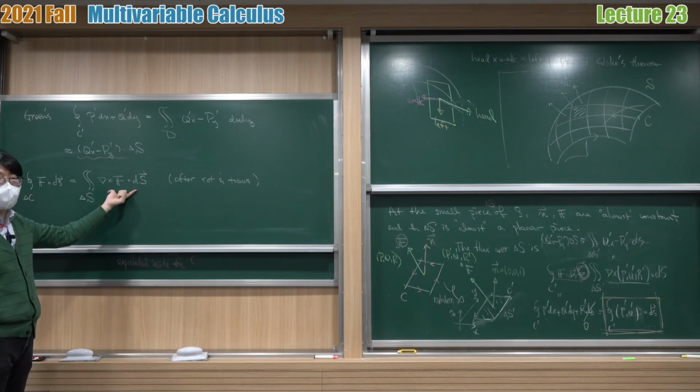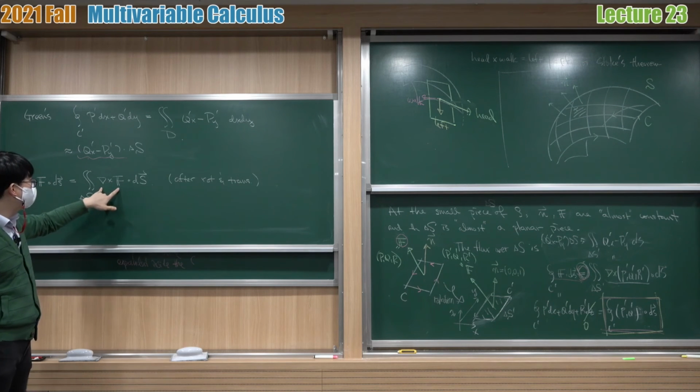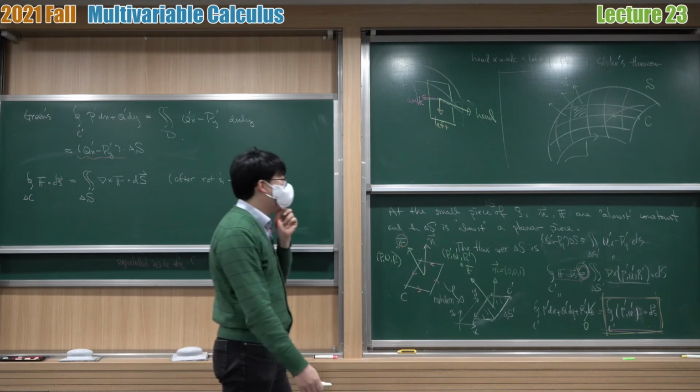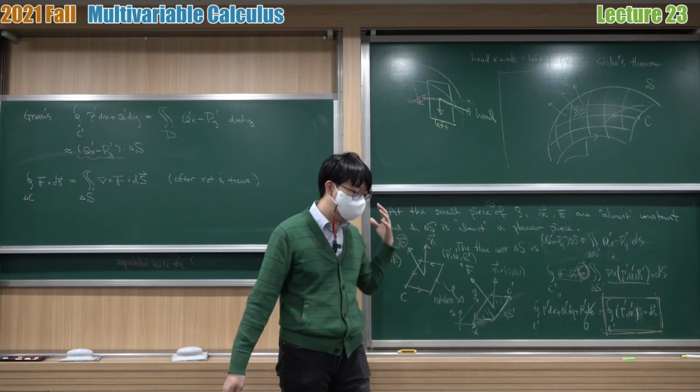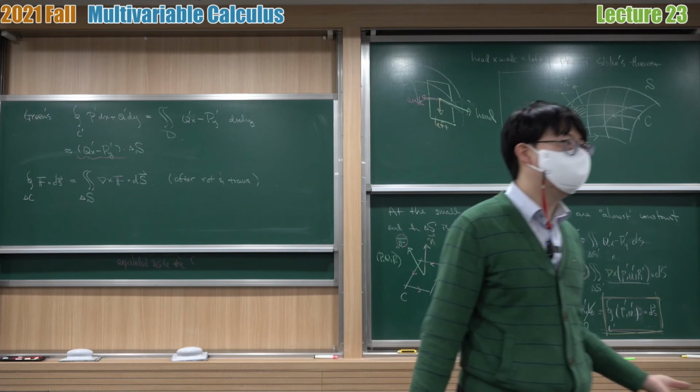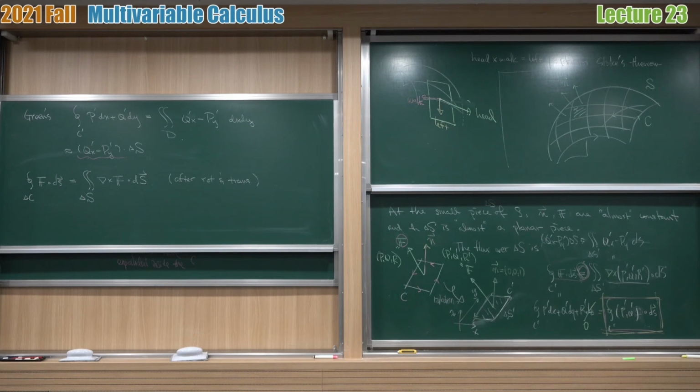And also think about the flux. You have a curl of a vector field, and you try to find the flux of that curl. It doesn't change when you move or rotate your surface, because moving and rotating your surface is the same as moving and rotating your x, y, z axes. The total amount of flux doesn't change by looking at a different perspective of your surface.